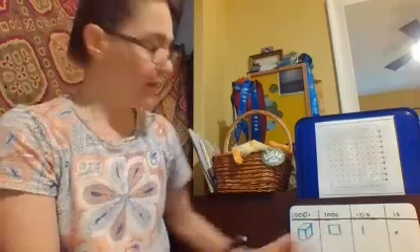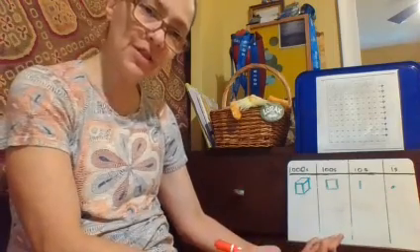All right, and we have the ones place value. We have the tens. We have the hundreds, which is a 3-digit number. And now we're working up to 1,000, which is a 4-digit number.